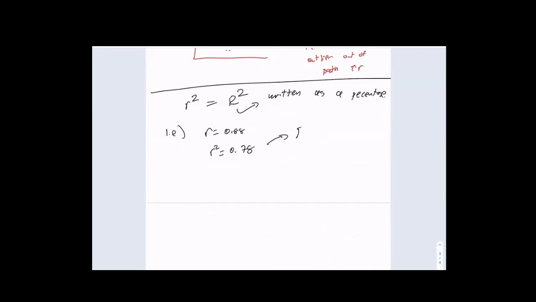So we would say that R squared is what? How would we write R squared? How do we change that to a percentage, people? You've done this since elementary school.